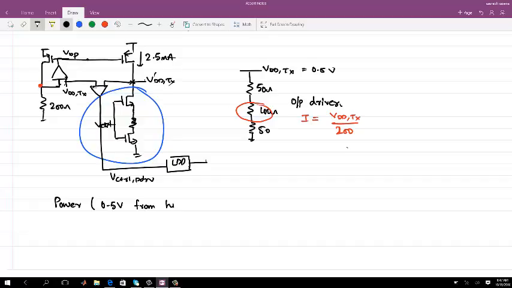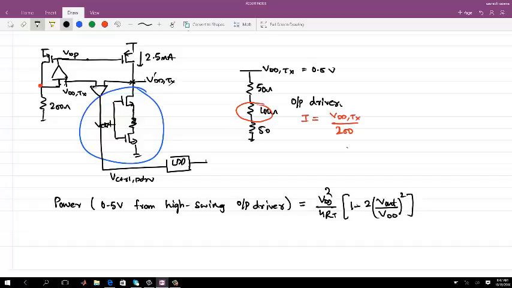So from the high swing output driver, we have seen this power is equal to VDD square by 4RT into 1 minus 2 times V out by VDD. Let me write it and we can work it out. Right, this was the expression.